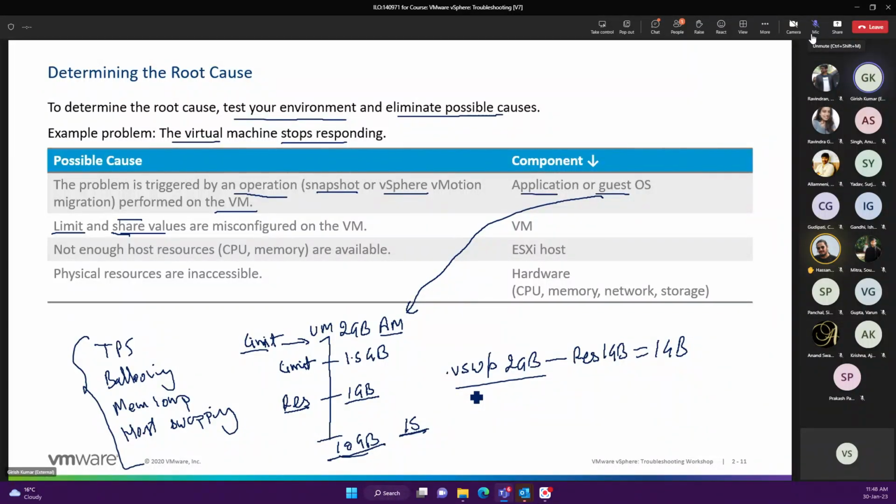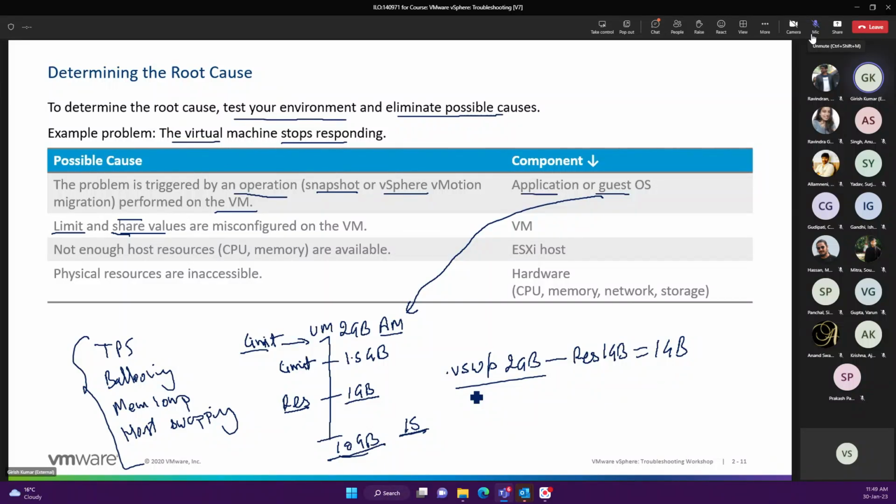The higher the value, the more priority the virtual machine gets, and more resources. These three values we can configure not only for memory but also for the CPU, and with Network I/O Control, these three parameters, limit, reservation, share value, we can also configure for the virtual machine network bandwidth.